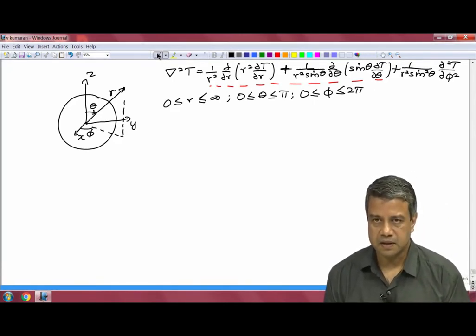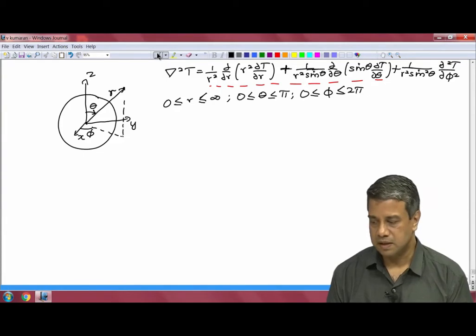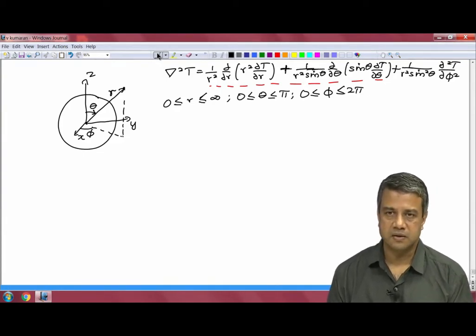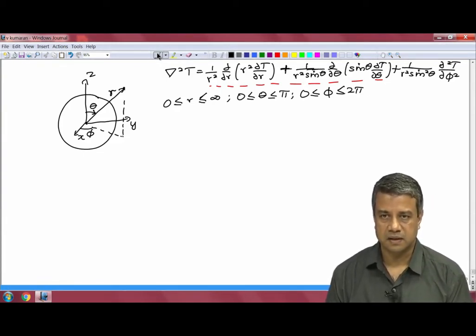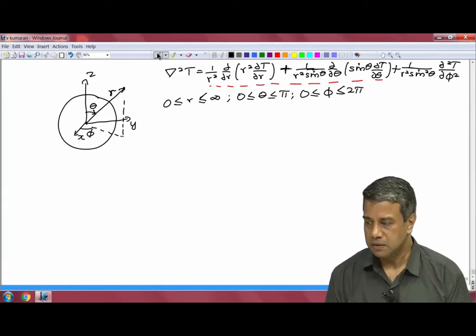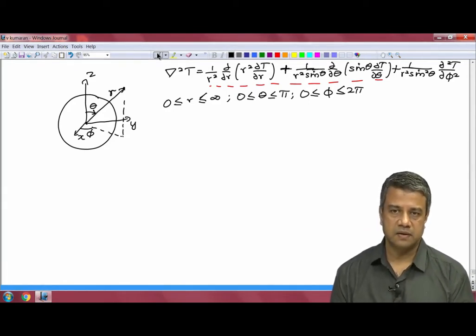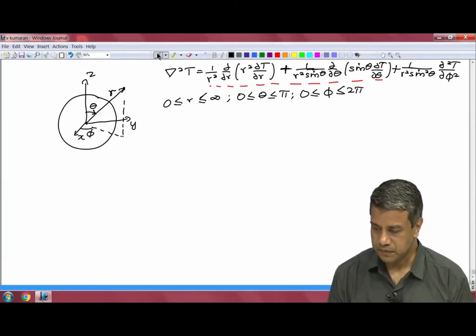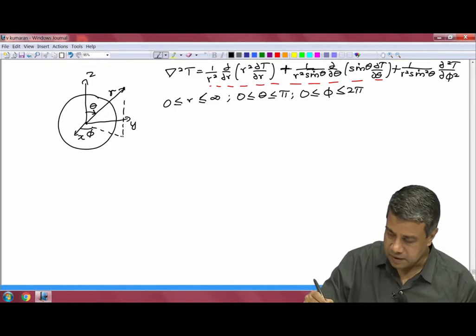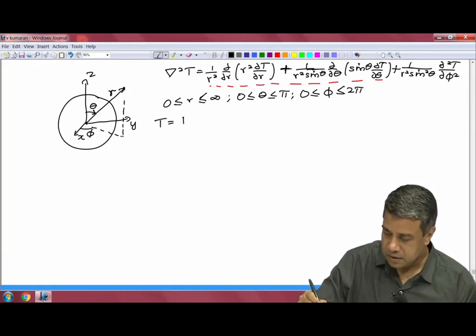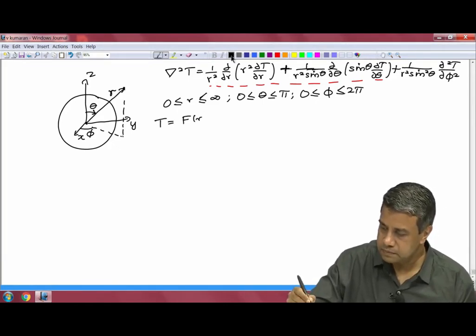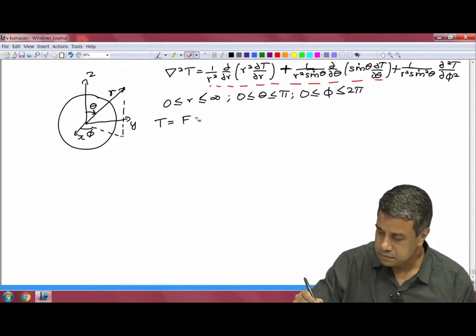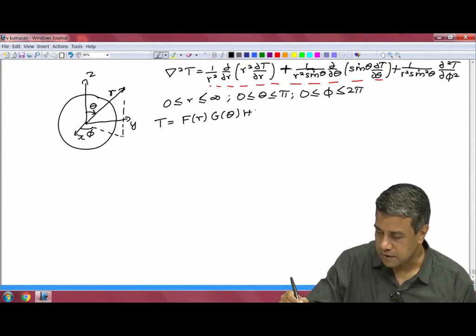And so, these are the homogeneous directions. The requirements that the solutions have to be finite, or other symmetry requirements, will specify what are the eigenvalues for the theta and phi directions. So, we define T is equal to f of r times g of theta times h of phi.